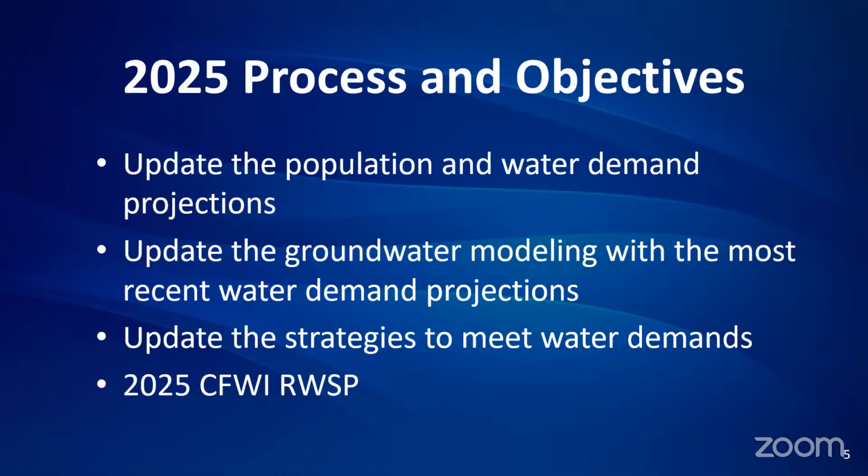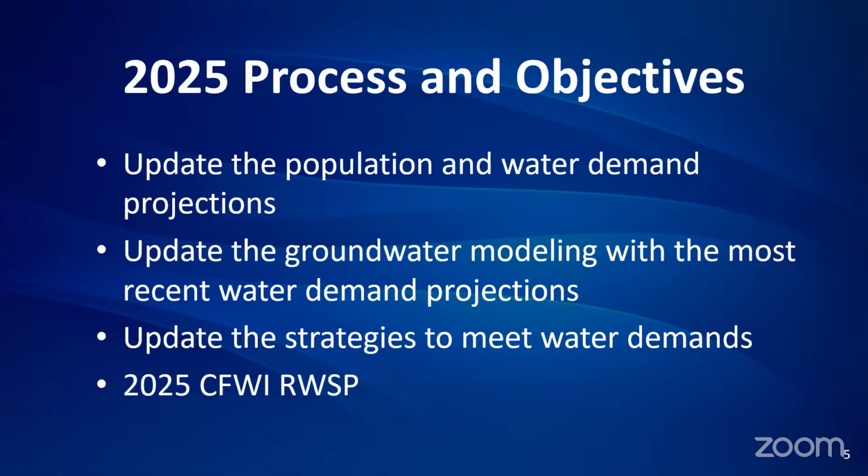The 2025 plan, which we began work on in 2021, is the second 5-year update to the 2015 CFWI Regional Water Supply Plan. The 2015 and 2020 CFWI Regional Water Supply Plans were developed in coordination with South Florida Water Management District, St. Johns River Water Management District, and Southwest Florida Water Management District, the Florida Department of Environmental Protection, Florida Department of Agriculture and Consumer Services, other agencies, and stakeholders.